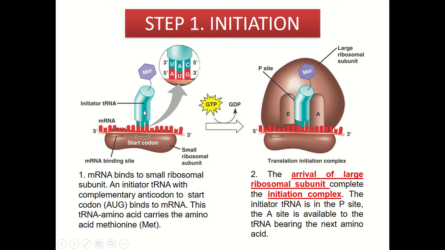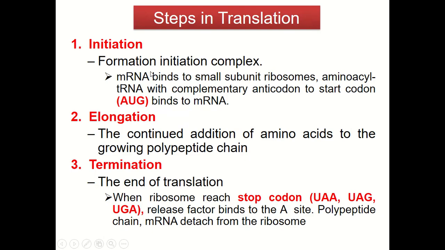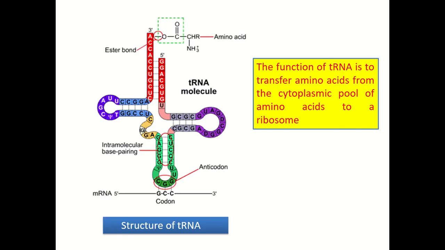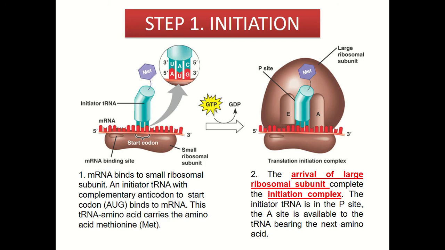Then the pairing will cause the tRNA and mRNA to bind to each other, and this tRNA carries the amino acid methionine, Met, because remember in the genetic code, AUG is calling for the amino acid methionine. So the one that will bring the amino acid is the tRNA.